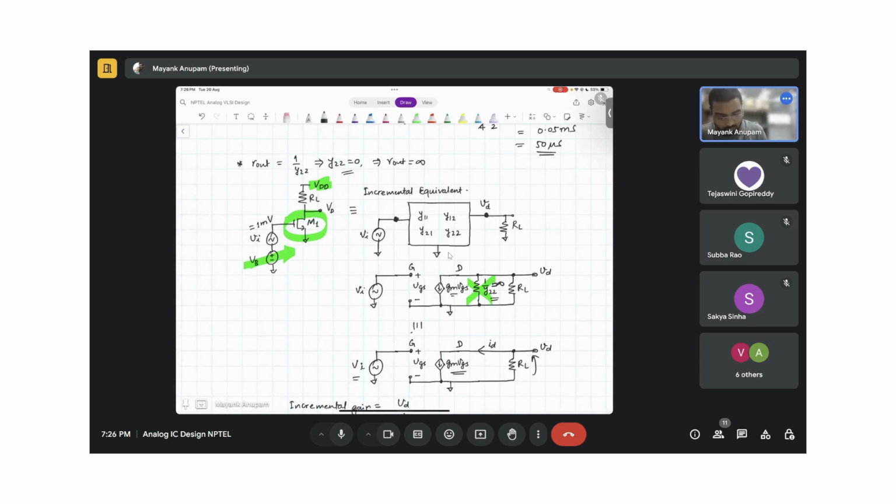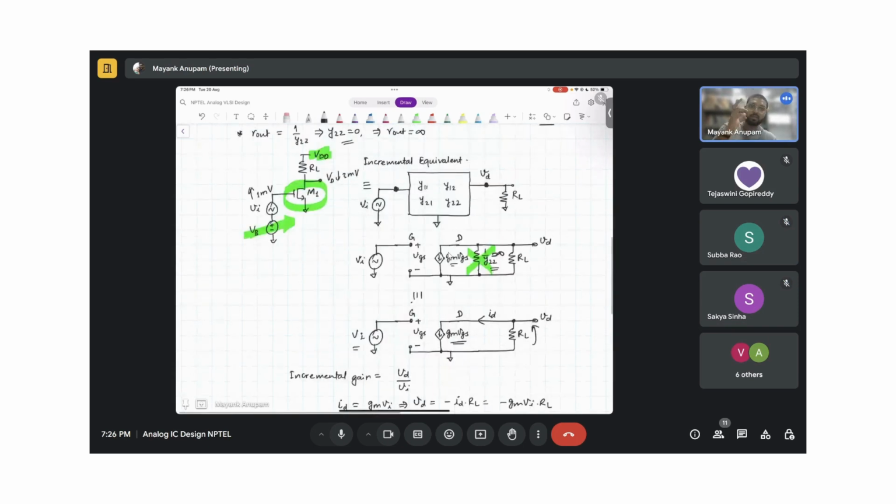Understood? Is that point understood? Yes. The meaning of negative gain is simply that the sense of swing is opposite.